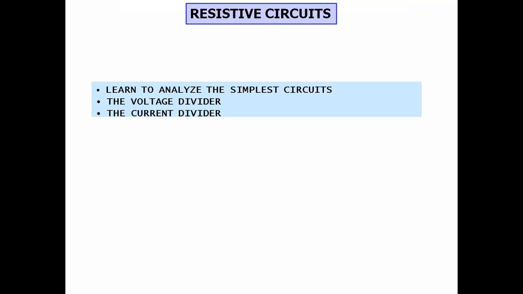So if we are interested in calculating a particular branch current, at that time we have to use the current divider rule. The current divider rule is applicable for parallel networks and the voltage divider rule is applicable for series connected circuits.